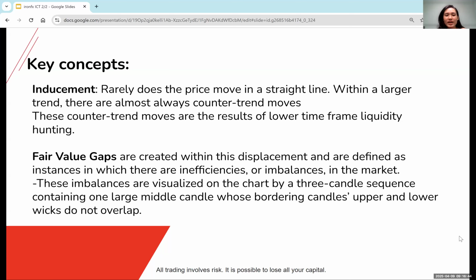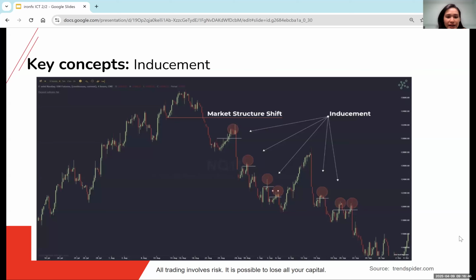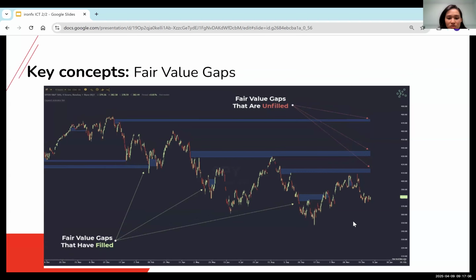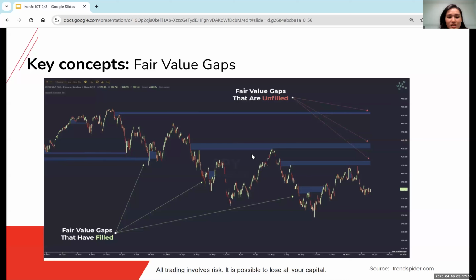Okay, so let's look at how to identify a fair value gap. Firstly, find a large displacement candle with strong momentum, preferably. Next is to ensure that the next candle doesn't fully retrace the previous move. And lastly, this leaves a price gap between the wick of candle 1 and candle 3.